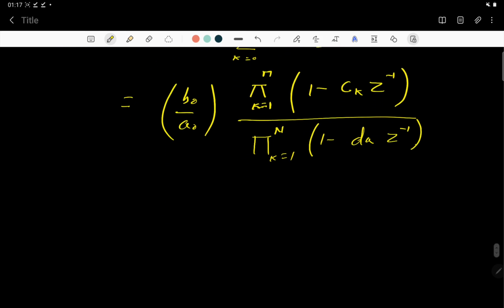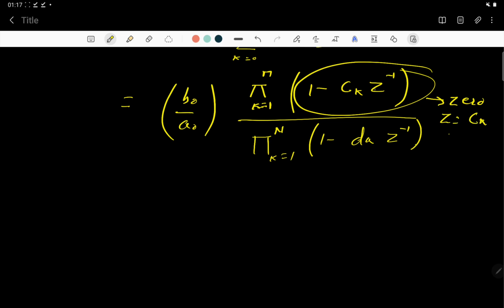All right, so each factor which is 1 minus c_k z inverse in the numerator simply contributes a zero at z equals c_k.